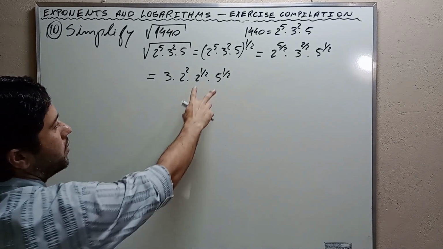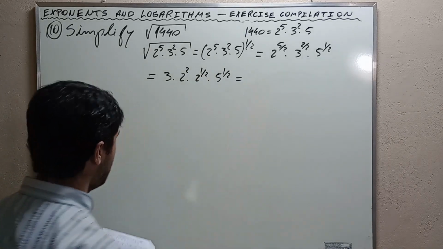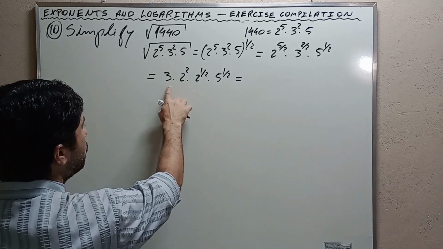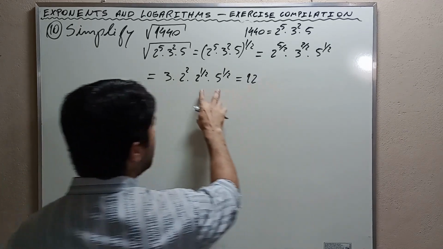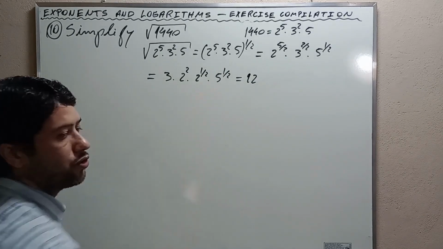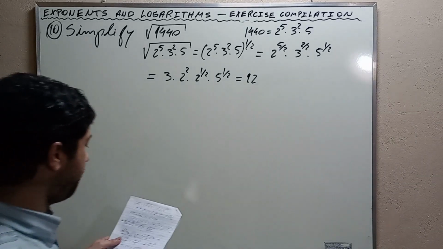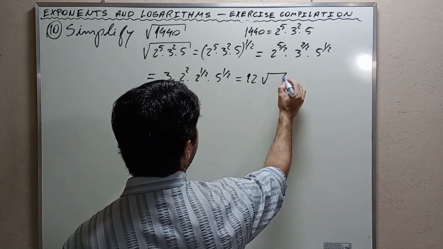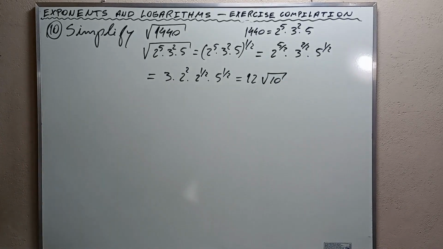And combining these two here, we find that it is equal to 3 times 4 is 12. And the combination of these two here, using one of the properties that we saw in the beginning of the video, we find that it is the square root of 10, okay? And this is the solution of exercise 10.